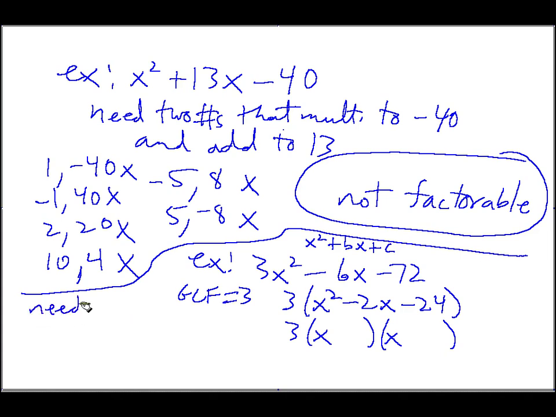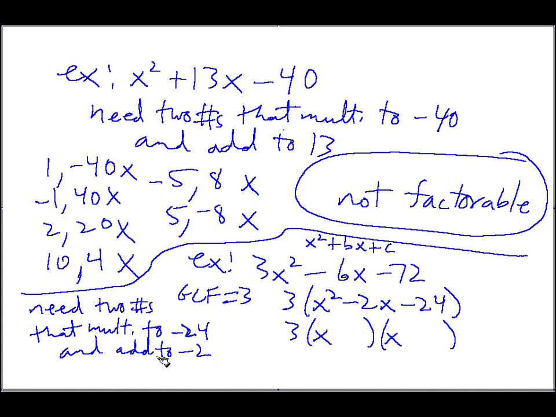I need 2 numbers that multiply to the last number, not the negative 72 because I took out the 3, remember that? So to negative 24, and add to what? Again, not the negative 6, because I took the 3 out, so add to negative 2.